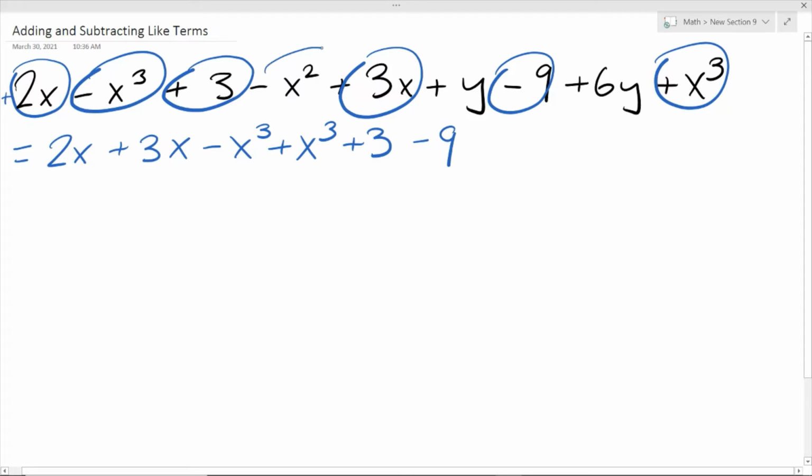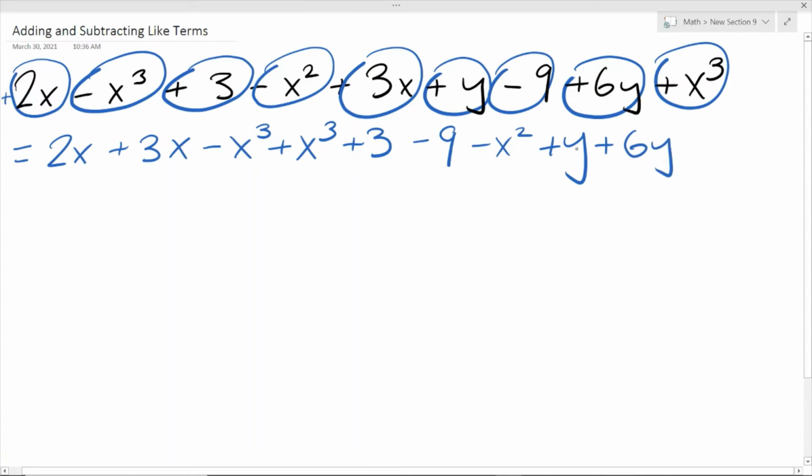Then we also have negative x squared, don't forget the negative. And we also have positive y and positive 6y. So we put the y's together. So this negative x squared, there's no other like term for it, so there's nothing to add to it.